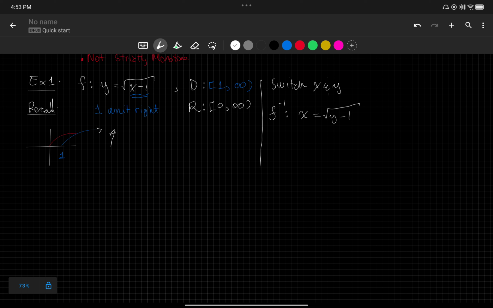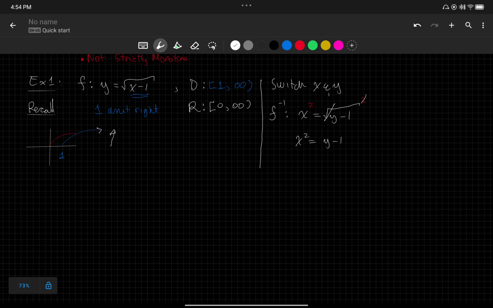Okay, but then we have to solve for y. So you would square both sides. So then square both sides, and as a result, you get x squared, and then it cancels on this side, so you have y minus 1.